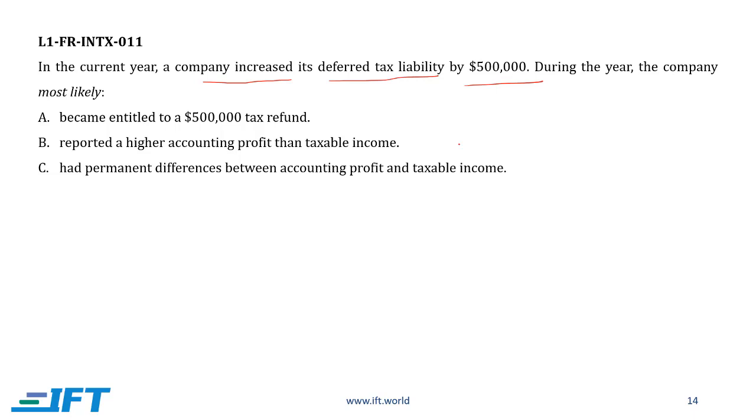Why? It's totally incorrect. You are not getting any refund. Actually, you increased your tax liability, deferred tax liability. You reported a higher accounting profit than taxable income. Yes. So again, two books, accounting book and your tax book.